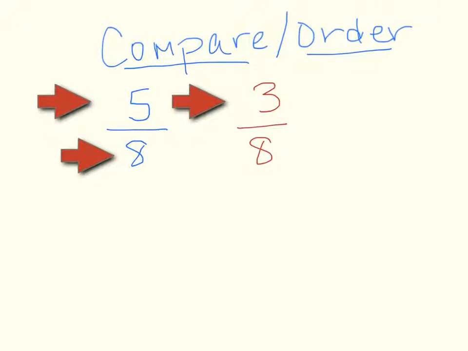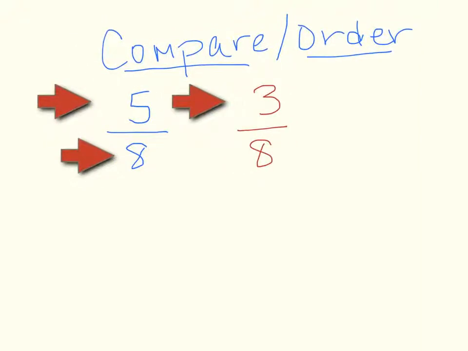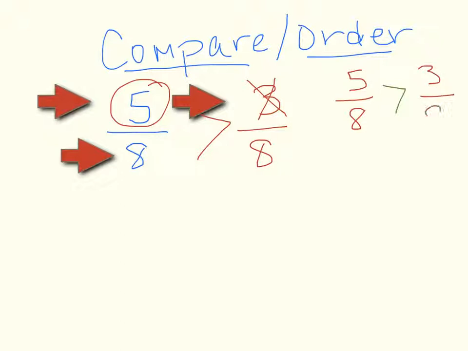So 8 is the same, so now we look at the numerator. 5 is bigger than 3, so our bigger fraction is 5/8. So 5/8 is bigger than 3/8.